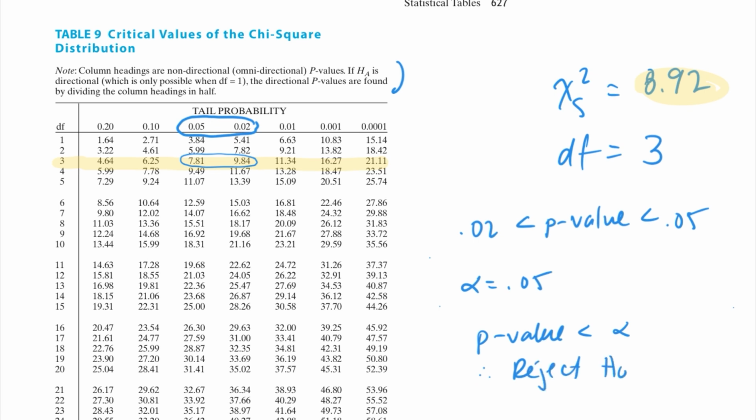And if you'll recall, the null hypothesis was that these 2 variables, the type of treatment and the outcome, were independent of each other. And we're rejecting that. We're saying there is some association between the type of treatment a person received and what their outcome was like.